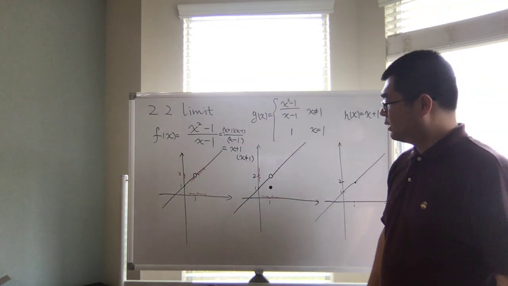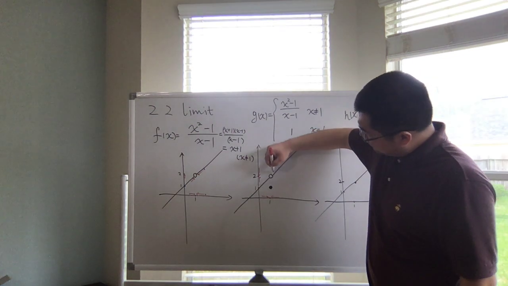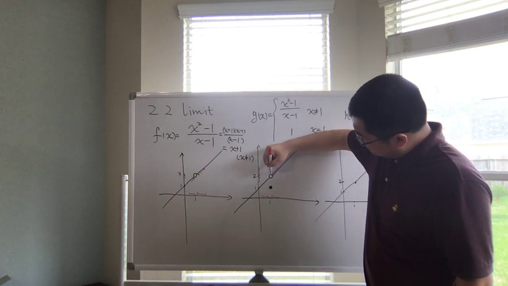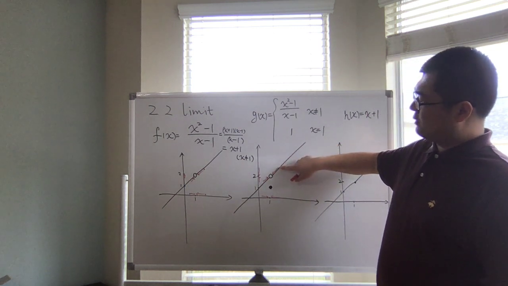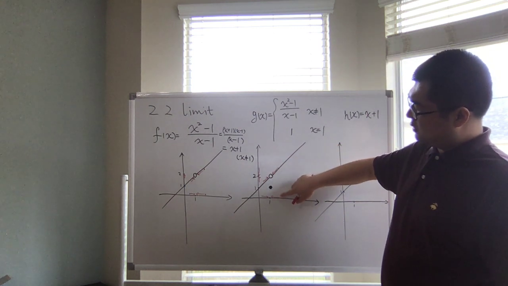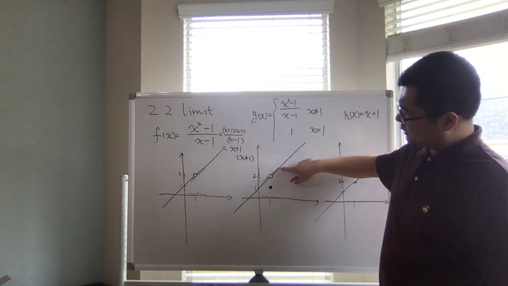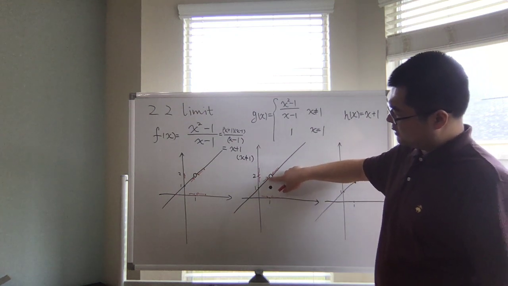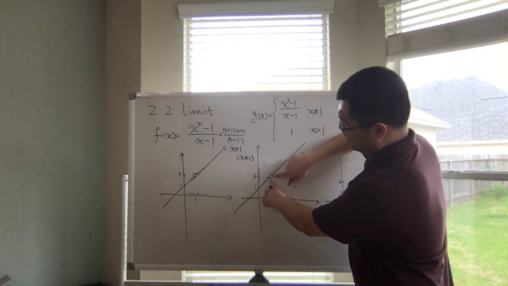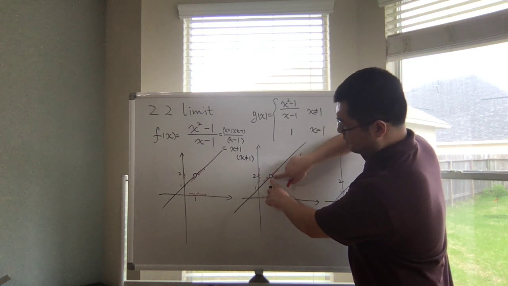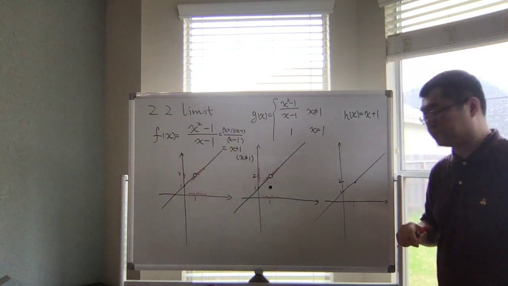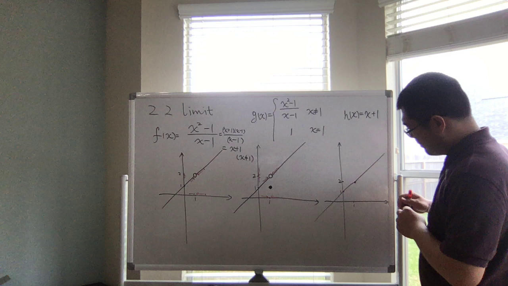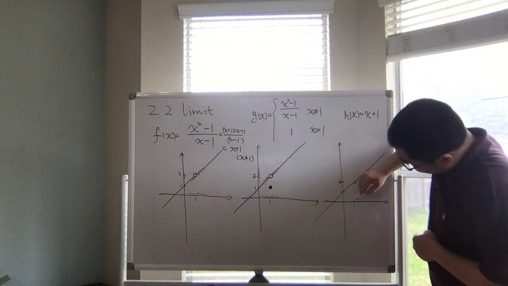Okay? And if we describe this process, when you trace this curve, either from the right side of 1 or the left side of 1, you will see that those two approach this point, and the corresponding y value is also 2. Okay. Third one, even simpler, right?